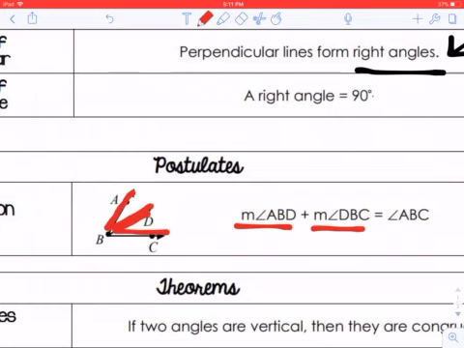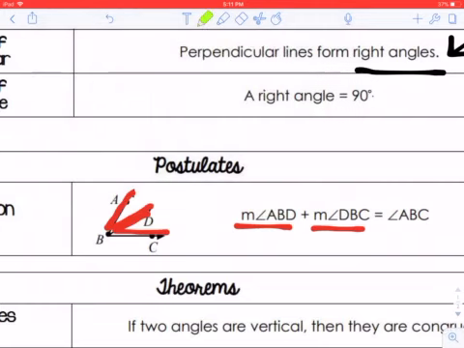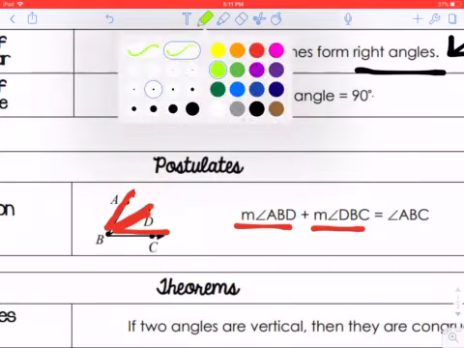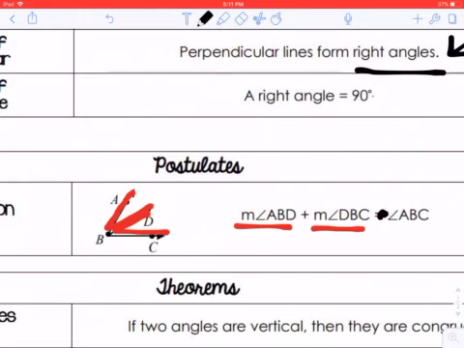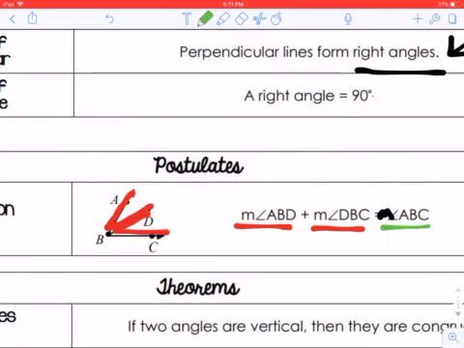Those are the two parts, the two adjacent angles. If I add those two angles, I get the measure of angle ABC. There should be an m in front of that, so let's fix that. Let's put that in a different color, I'll put that one in green. This is what the angle addition postulate means, and this is how we can match it up to the picture.